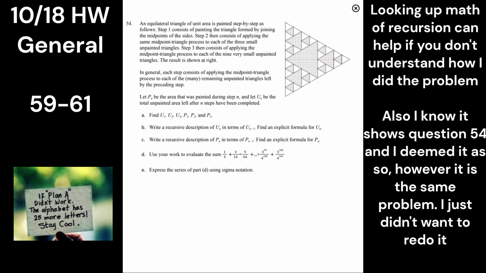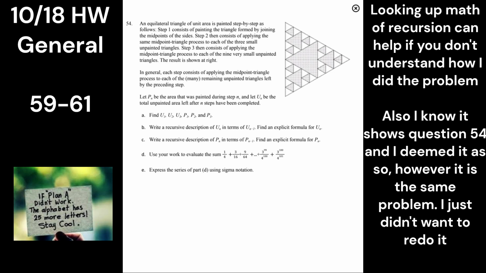Okay, so on to question 54. There's an elaborate looking shape over here, and there's a lot of steps that are kind of unnecessary to tell how this works. For this question, I'm actually gonna mix it up.